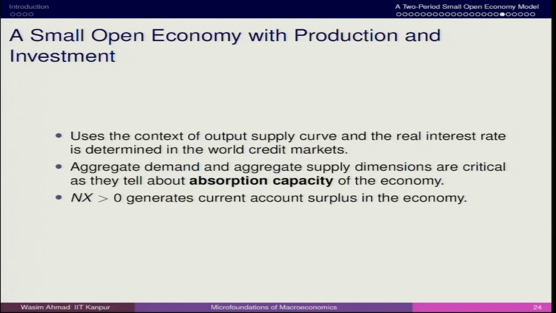Going by national income accounting, Y is equal to C plus I plus NX. If the country has no trade relation, then it will depend upon aggregate demand and aggregate supply. If aggregate demand is higher than aggregate supply, then you need to import more.